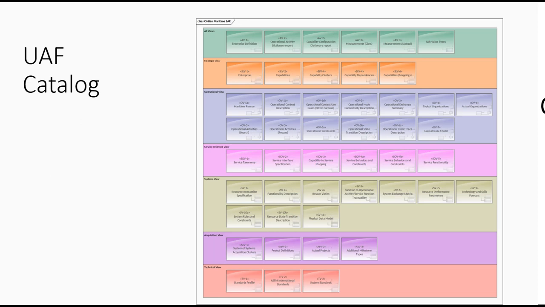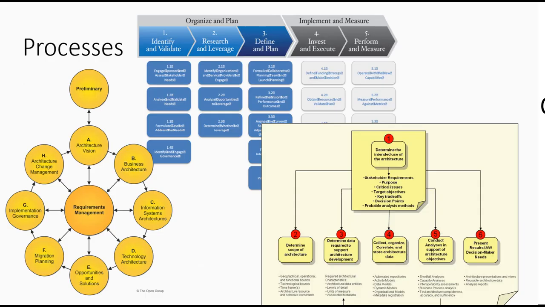Here's the UAF Catalog. UAF was designed to unify both DODAF and MODAF and several others together. And so they came up with a complex catalog of kinds of things. Now, these kinds of things are artifacts, and there's a fairly large number. In DODAF, there are 50, so this has grown over time. Processes.